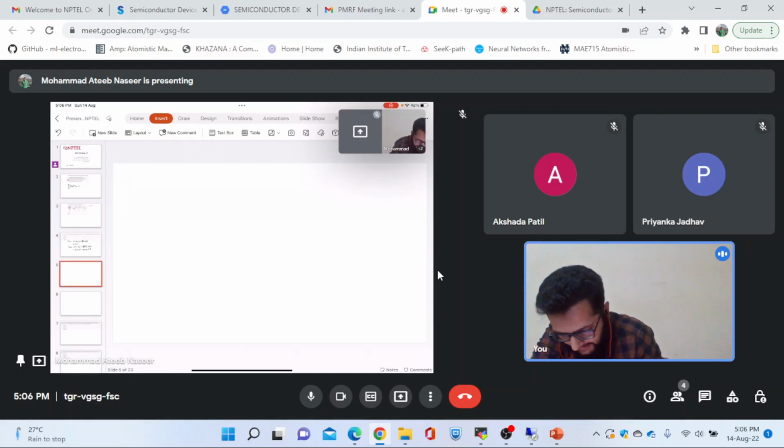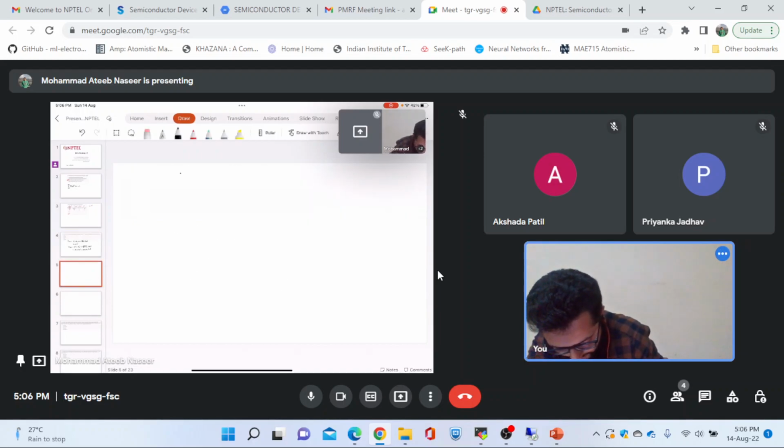So if I write it like this, for maximum intensity this phi will be equal to 0 degrees, and for minimum intensity this phi will be equal to 180 degrees.